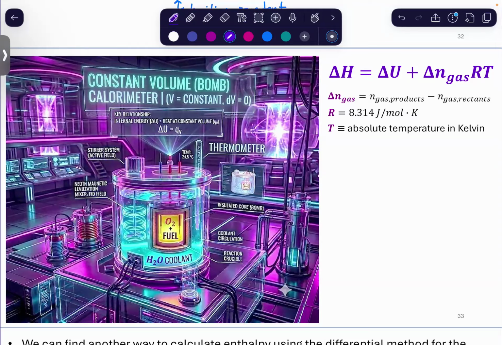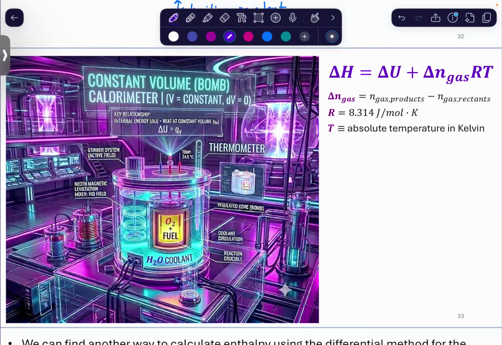Maybe you have a reaction where no gas is produced, then you would use O2 gas. You get fewer moles of O2 gas and no moles of gas produced. So that would give you a negative delta N. Or let's say you had 2 moles of O2 used and you produce 5 moles of gas.